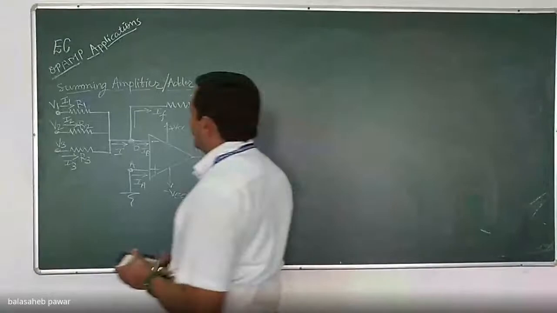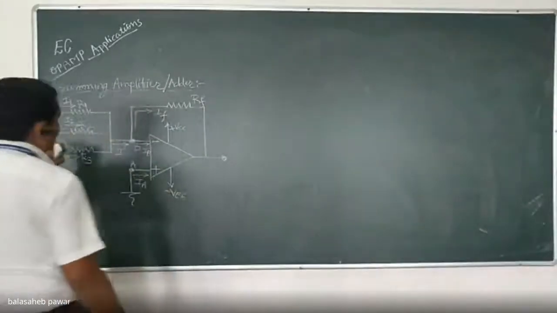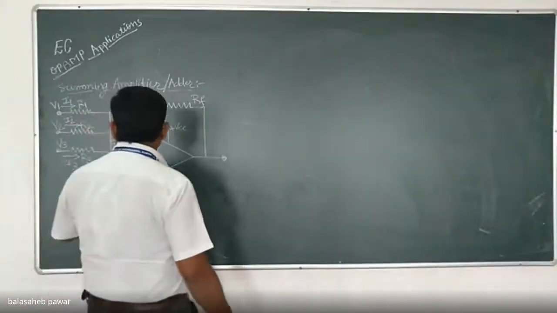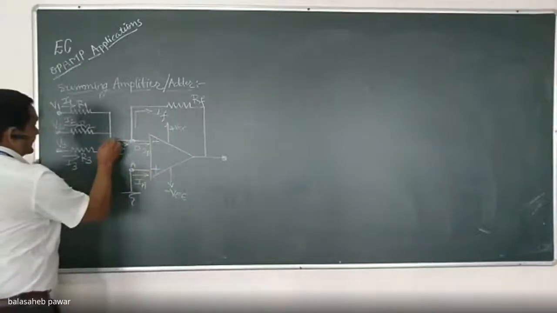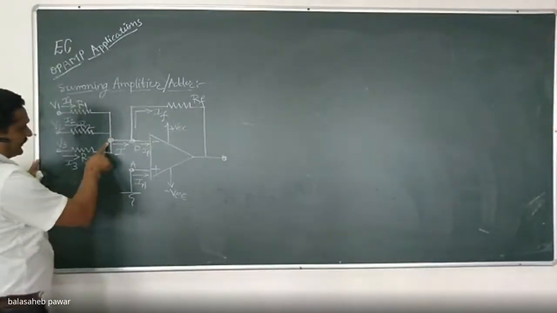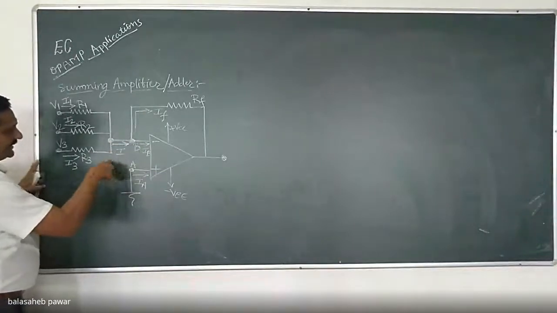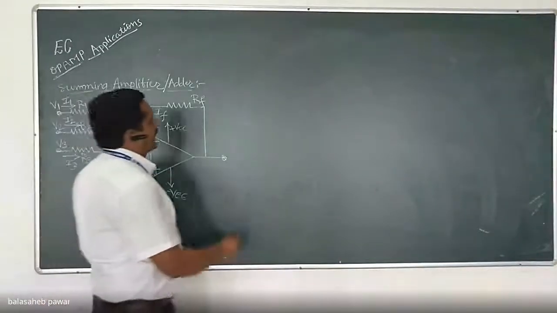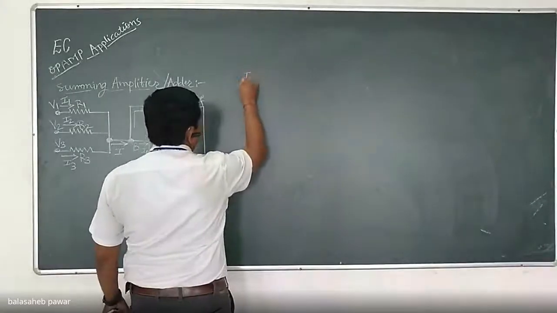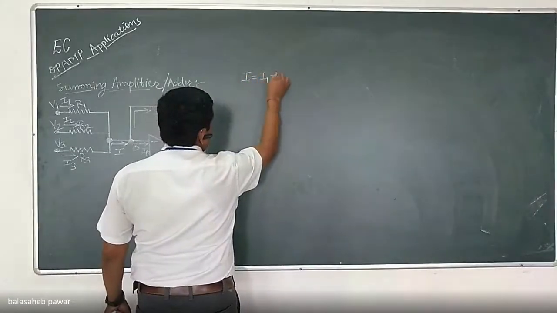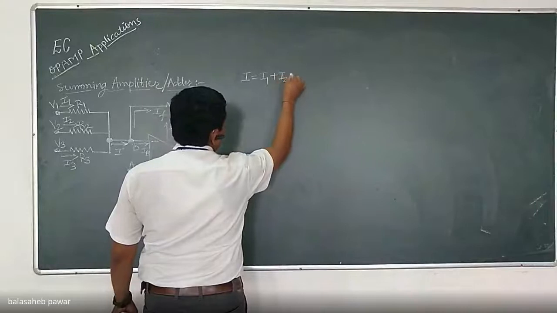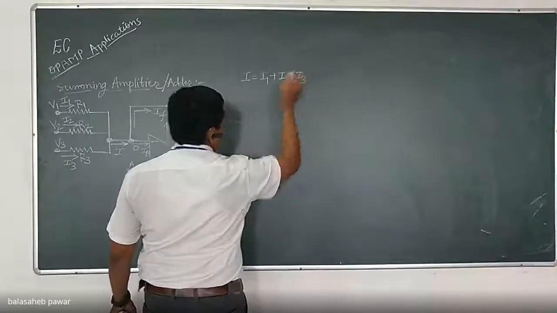Looking at this circuit diagram, all these three currents are incoming currents to this node, and the outgoing current from that node is considered as I. So you can write I equals I1 plus I2 plus I3.